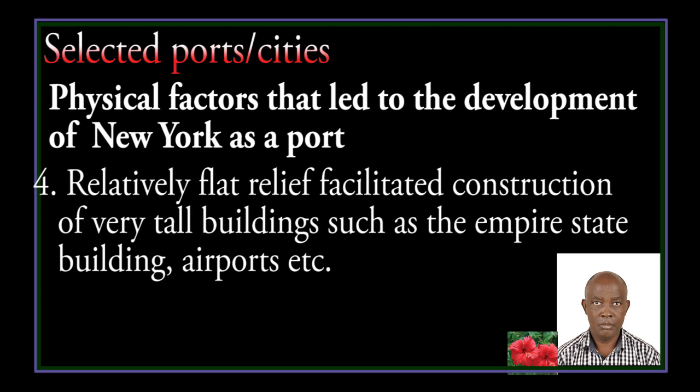Relatively flat relief facilitated construction of very tall buildings such as the Empire State Building, airports, and so on.